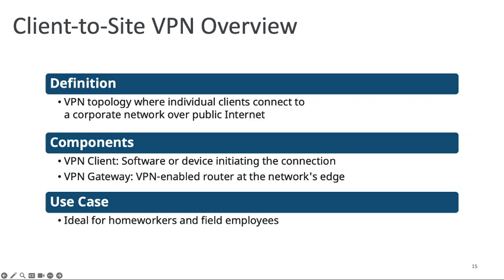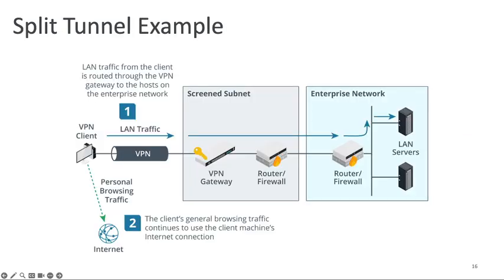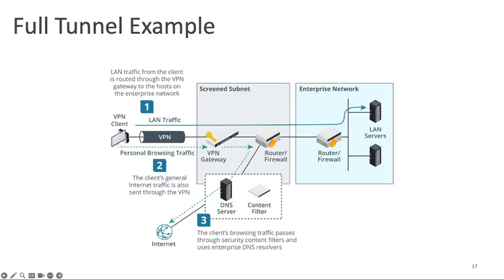Now, in order to run this client VPN, you might see something called a split tunnel, which routes LAN traffic through the VPN, but the general browsing traffic does not really go through the VPN. With a full tunnel VPN, all of the traffic goes through the VPN, whether it's personal information or not.